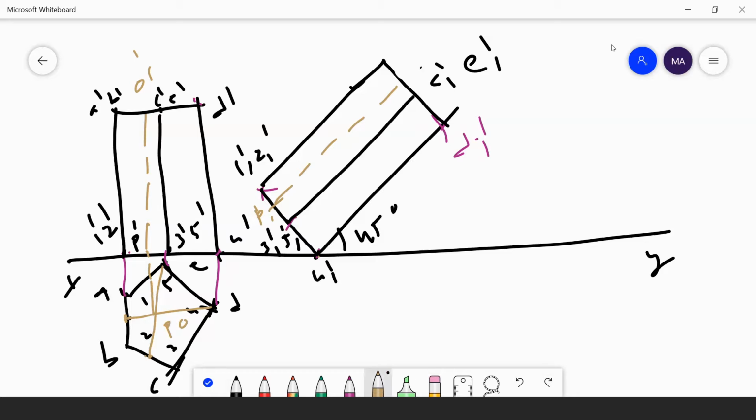Here it is O1 dash. Here it is A1 dash, B1 dash. Understand? Then I am projecting all these points downwards.